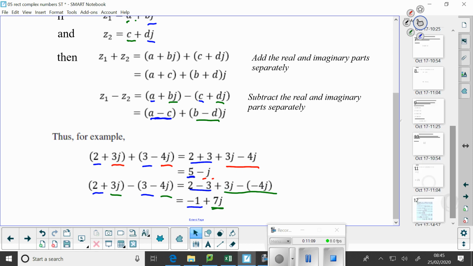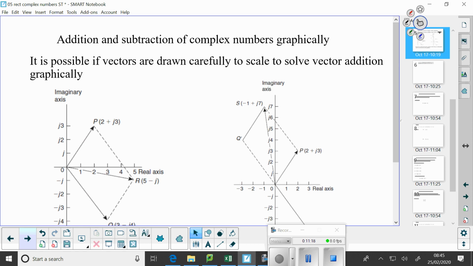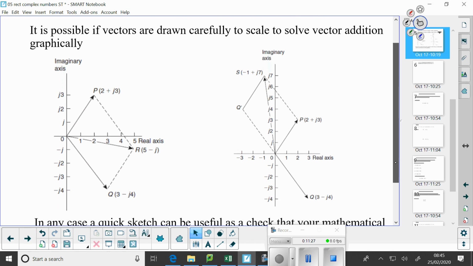Now, you have already seen this in essence, but you can also add and subtract vectors graphically. So you could draw a scale diagram, and quite often it's worthwhile just sketching the two vectors that you're adding together if you're unsure, and seeing where you think they would come.